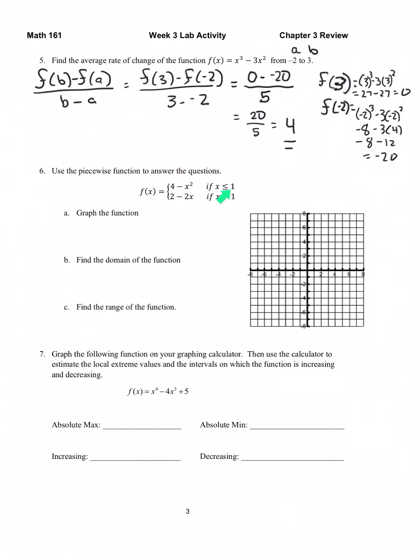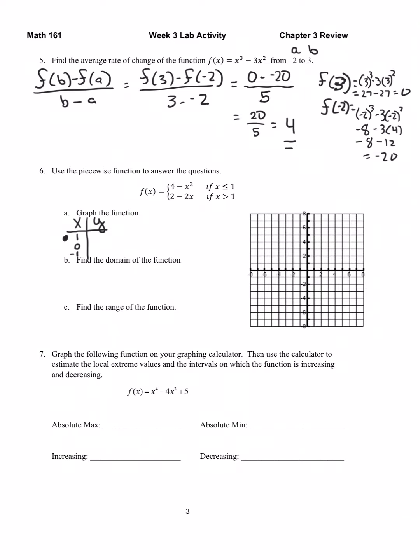One thing you can do is create yourself a table. And I am going to plug in values in my table that are less than or equal to 1, just a few of them. Now notice I used x equals 1 as well. I'm going to put a closed circle there just to remind me that x is allowed to equal 1, okay?